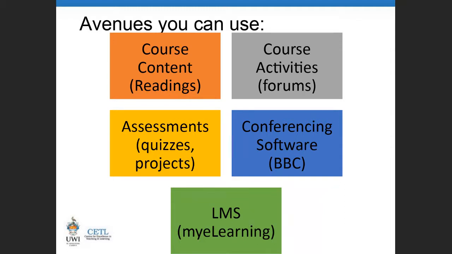Now, you would notice that MyLearning is at the bottom of this graphic, because really everything that we have here should be found in MyLearning, not in MS Teams and all these other platforms so much, but more specifically in MyLearning, including the links or the session recordings and so on in Blackboard Collaborate. They all should be in MyLearning.